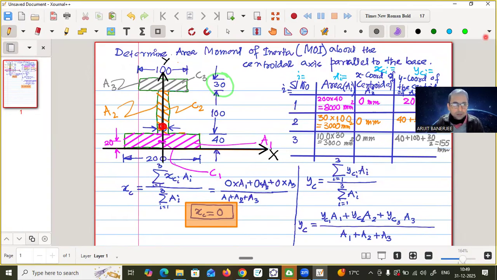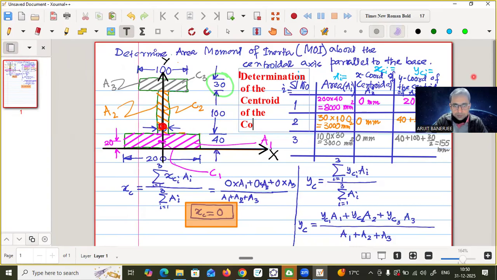So let me write it. First job is the determination of the centroid of the composite shape.